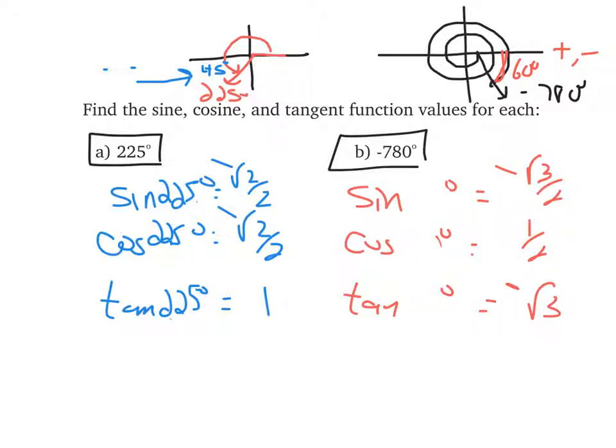So I'm just going to erase my 60s and replace them with the negative 780, because the reference angle gives you the right to do that as long as you change it back, figure out what quadrant you're in, and get the sign from the quadrant. So two steps here. Redraw it with the reference angle, find your value with the reference angle, then go back to your picture and look at what quadrant you're in. That tells you what sign to put with your angle.